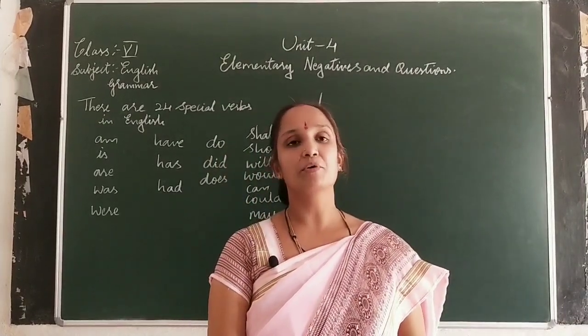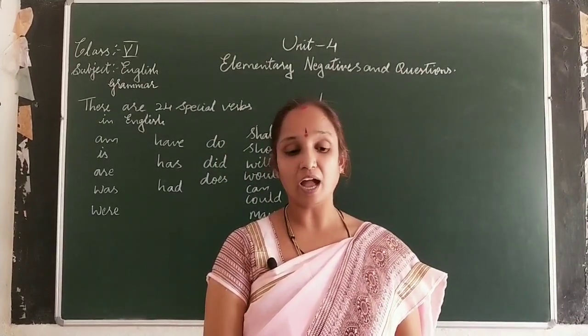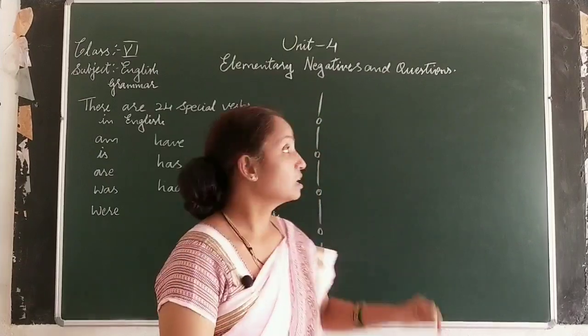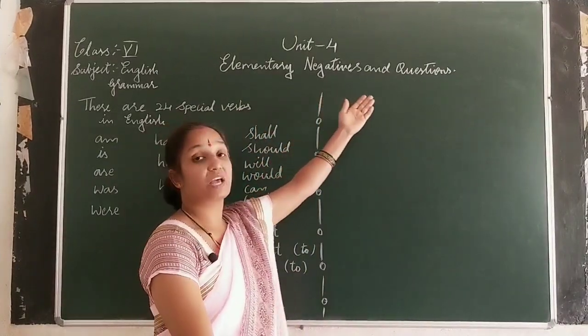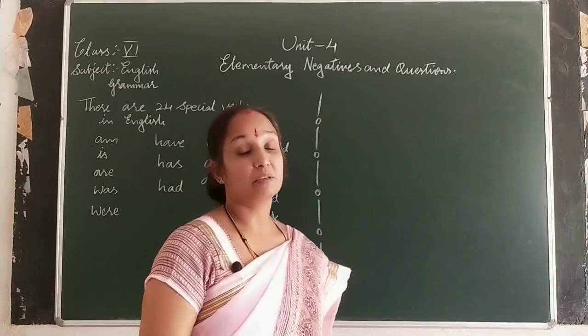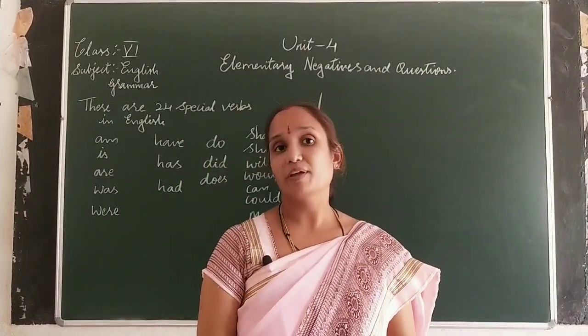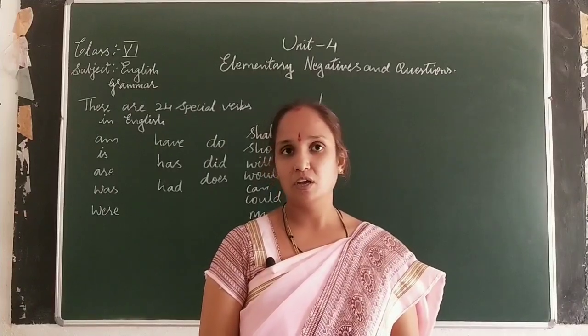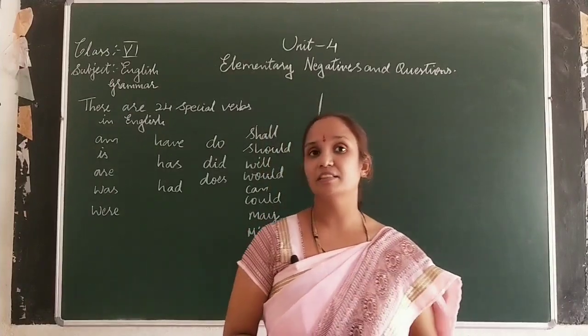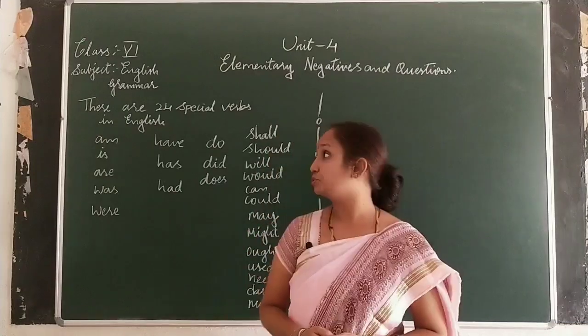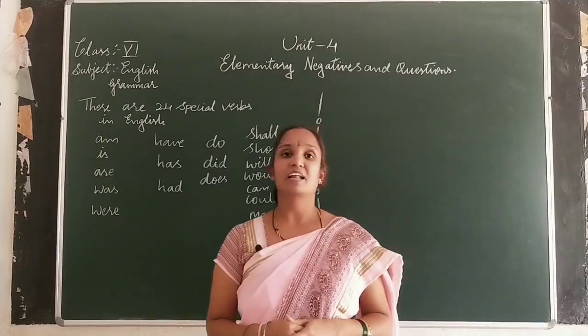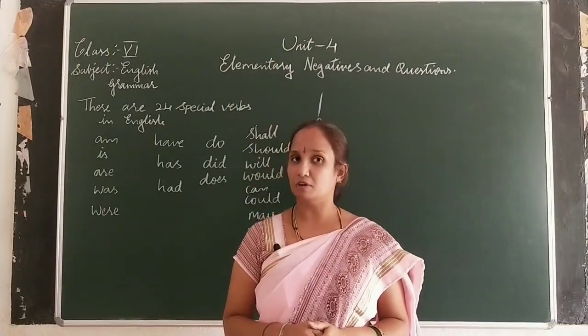So today I am going to teach another unit, that is elementary negatives and questions. Elementary negative sentences and questioning sentences. Before writing that, let me tell you, in English there are 24 verbs.